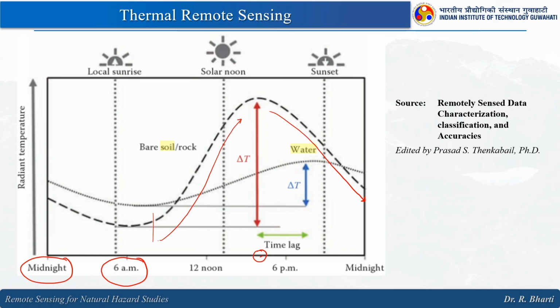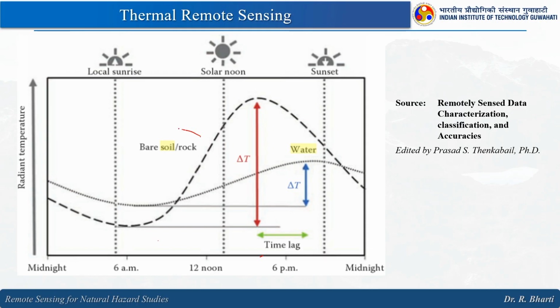So, this is called the diurnal cycle of any material. This is for bare soil or rock, and this is for water, right. Here you can see that if we change the material, they have different types of diurnal cycle. Why so? Because it also depends upon their thermal properties.